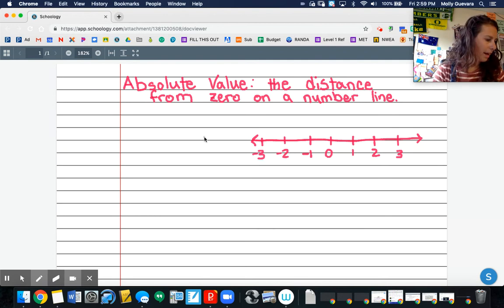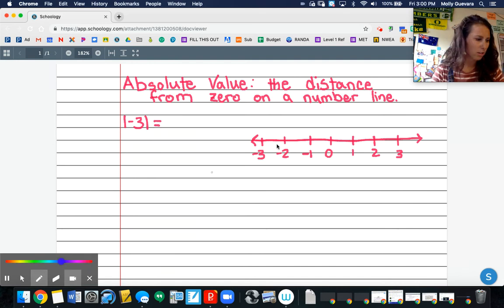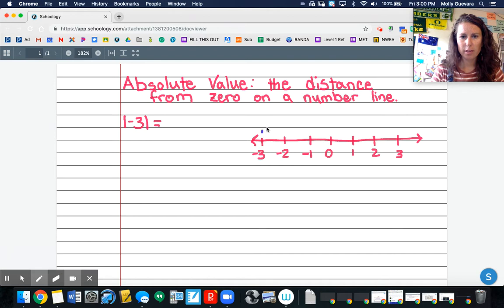So let's look at the absolute value of -3, just as an example. So here's -3, and I'm interested in what this distance is. How many units from 0 to -3? And so the answer is 3 units.